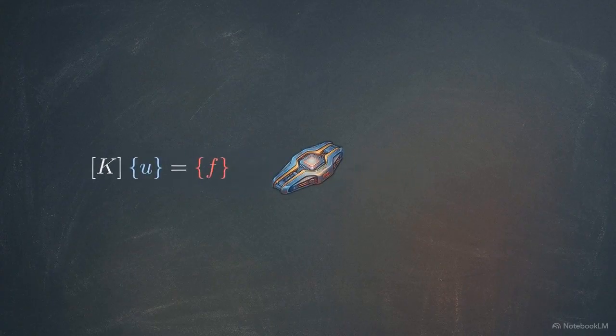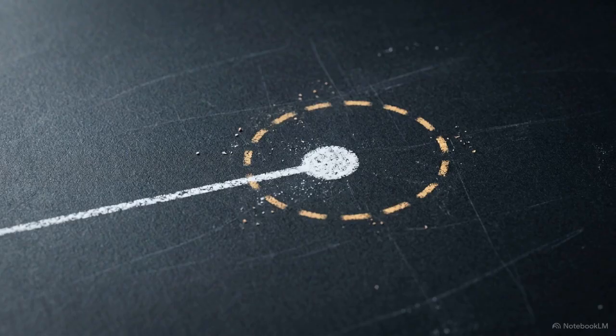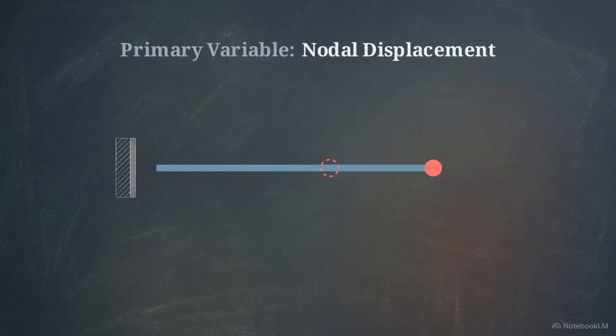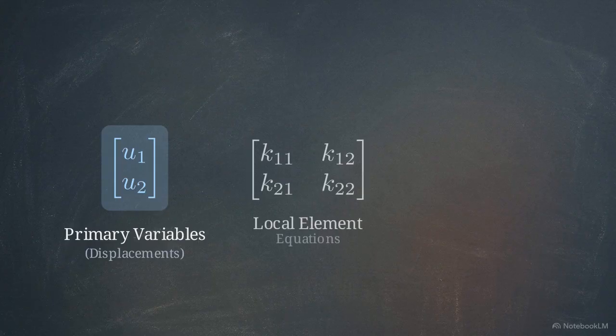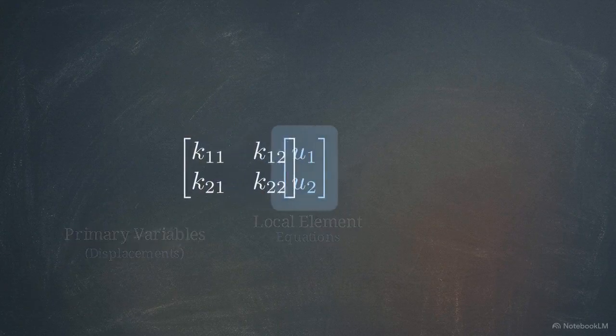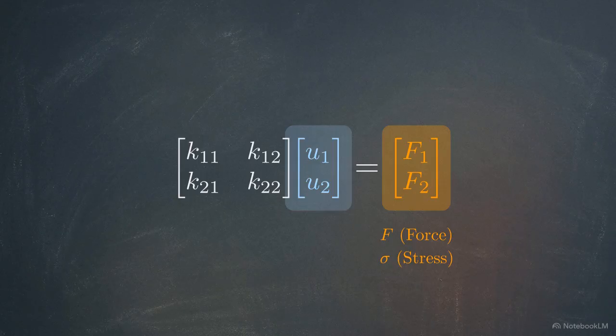With a stable, reduced matrix in hand, we execute a solver algorithm. This produces a vector containing our primary variables. These primary variables give us the nodal displacements. We now know exactly how much each point in our bar has moved. But determining movement is only the first half of the analysis. Those solved displacements are plugged back into our original local element equations to solve for secondary variables, the reaction forces and internal stresses.